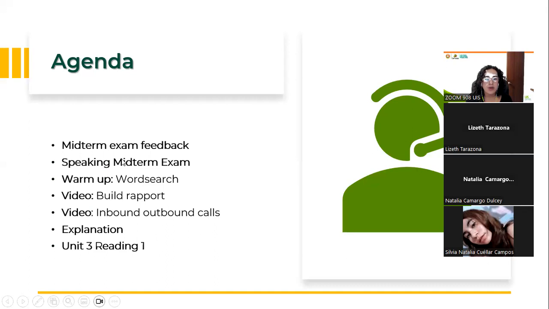Remember that for this part, you will have to turn on your cameras when it's your turn to present your conversations, right? Then we're going to continue with our activities from Moodle. First we're going to do a word search with some vocabulary related to customer service. Then we are going to watch two videos, one on building rapport and the second on inbound and outbound calls.